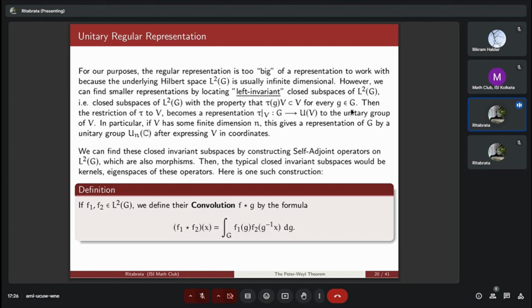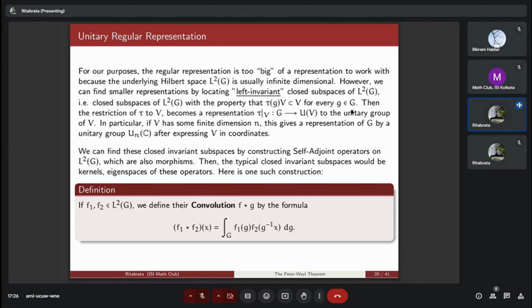Now let's try to see how we can find these subspaces. We want to identify small finite dimensional subspaces of L2(G). For this, we need to build more tools, which we'll do now. We can find these closed invariant subspaces by constructing, and there are many ways to do that, I'll show one construction, self-adjoint operators on L2(G) which are also morphisms.